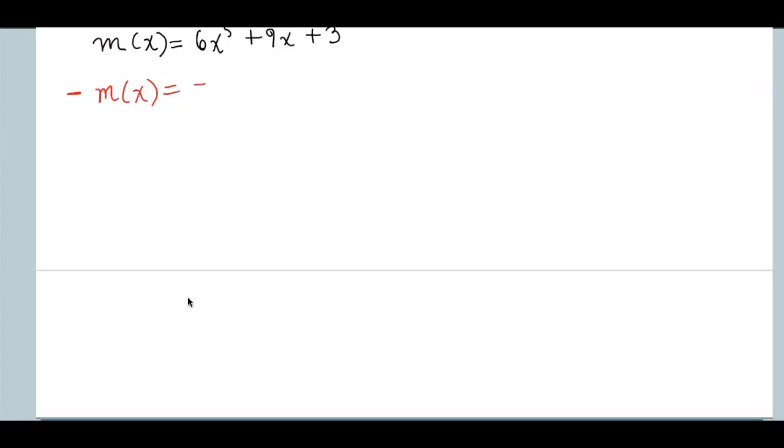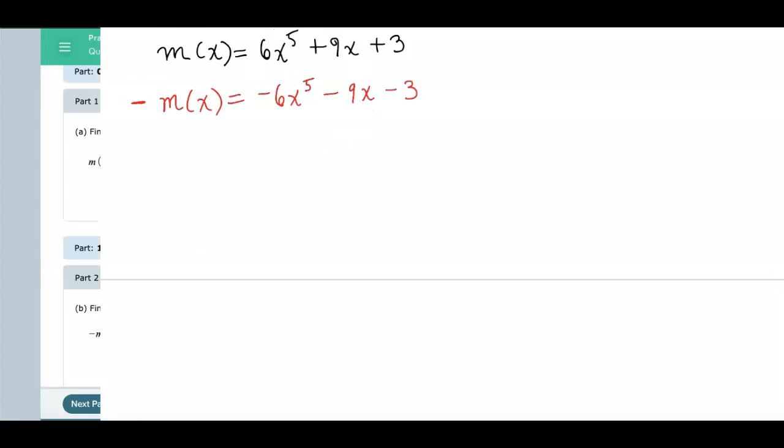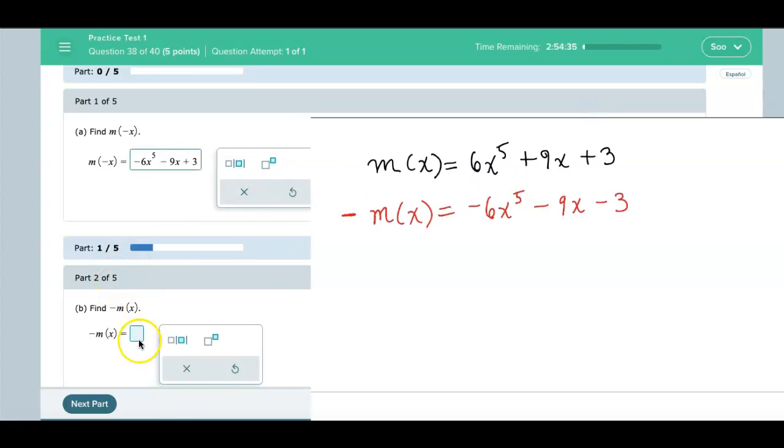So that will be negative 6x to the 5th minus 9x minus 3. That's what negative of the whole function is. You switch the sign of all of them. So let me write that down. Negative 6x to the 5th minus 9x minus 3. All right, next part.